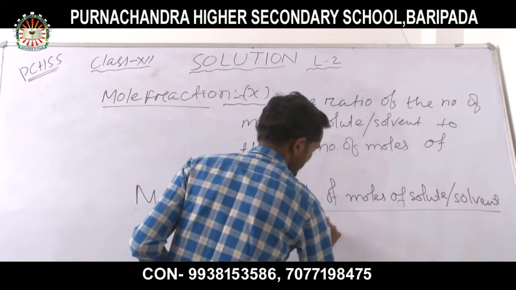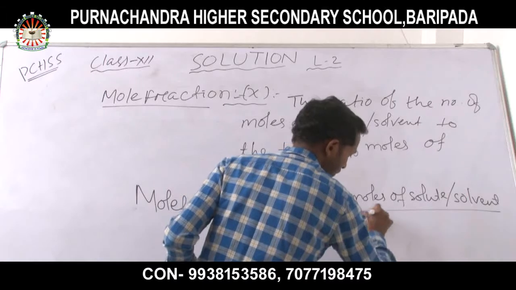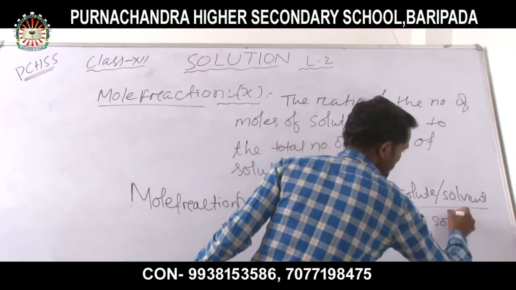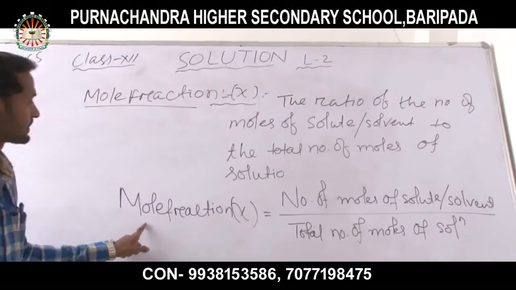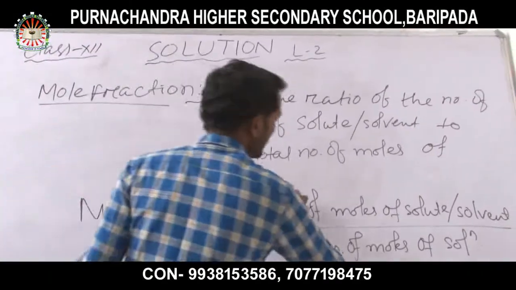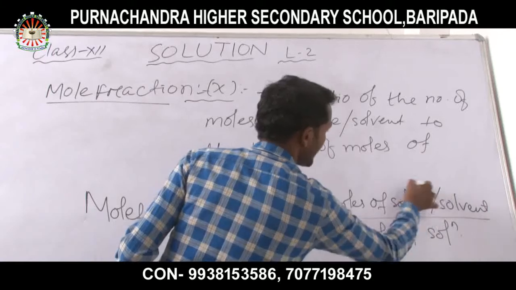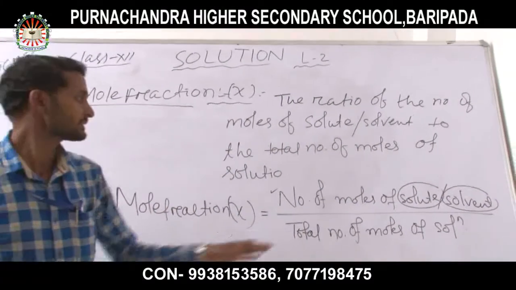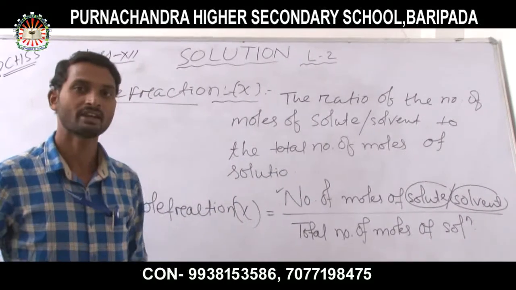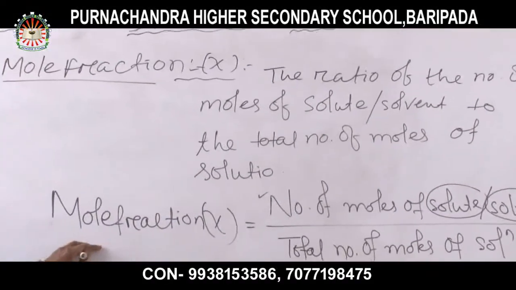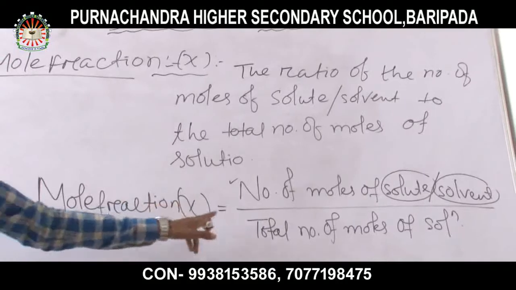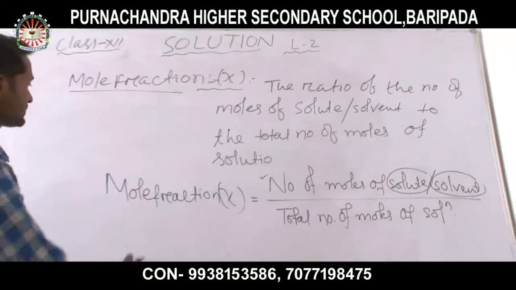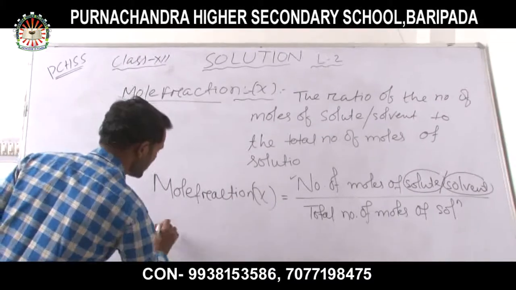Why is it written as the number of moles of solute or solvent? Because the mole fraction is calculated for the solute and solvent separately. If the mole fraction of solute is to be calculated, then it is the number of moles of solute divided by the number of moles of solution.